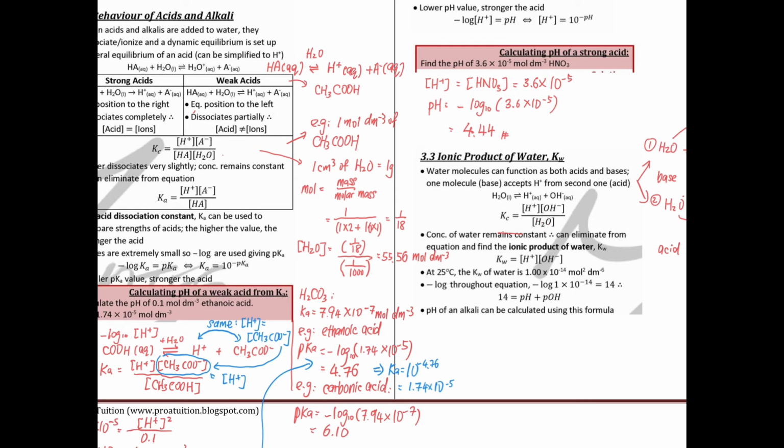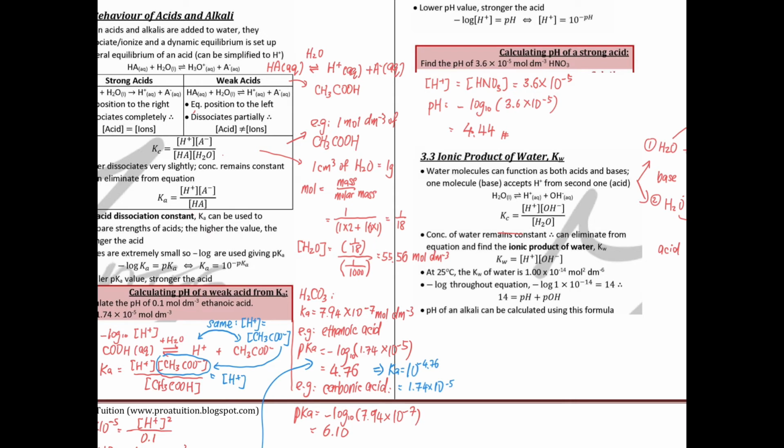But having the H2O concentration at the bottom is something that we are trying to avoid in this chapter, because the concentration is more or less the same. It remains constant, so we try to ignore it.